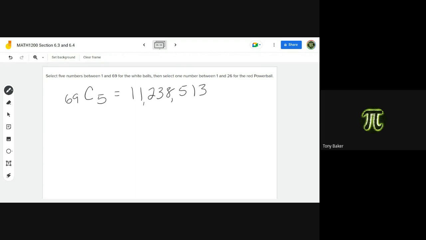However, they have that Powerball there, and you pick one of those numbers, right? How many numbers can you choose? 26 of them, right? So I have to multiply this by 26, which gives me 292,201,338.